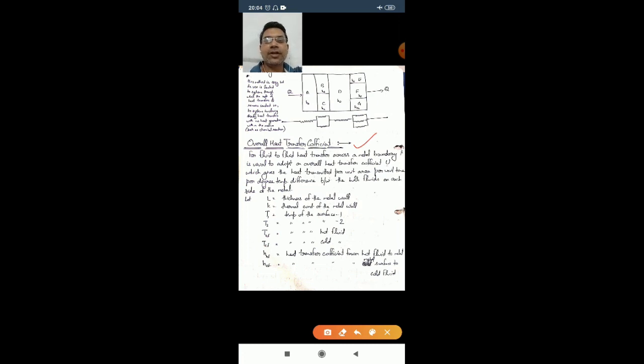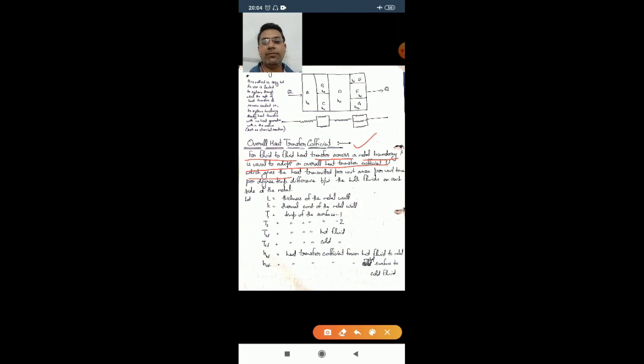For fluid to fluid heat transfer, in other words, when heat is transferred from one fluid to another fluid, remember what I am saying, from one fluid to another fluid with a metal wall in between them, or across a metal boundary, then usually overall heat transfer coefficient is used, and it is generally denoted by capital U. The same definition: for heat transfer from one fluid to another fluid across a metal boundary, it is termed as overall heat transfer coefficient.